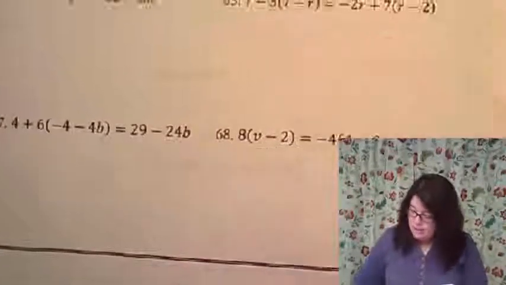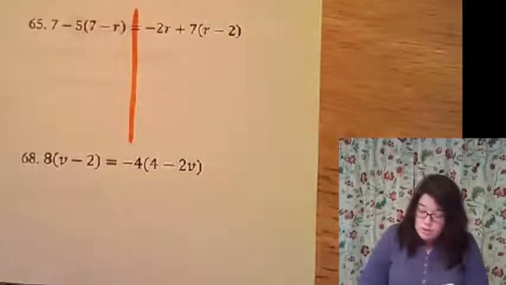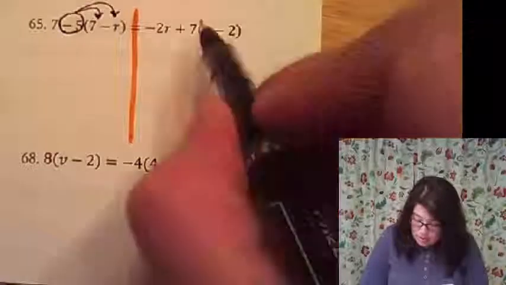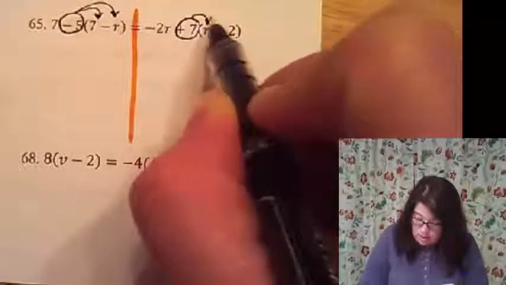All right, 65. Draw our fences a line. Check for distribution. Let's see, I've got parentheses here, so I'm going to distribute this. Notice I'm keeping my sign attached, and then I'm going to distribute this as well. Again, keeping my sign attached.